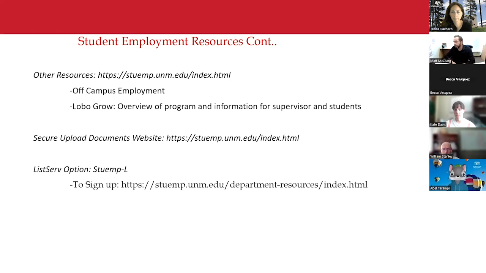If you submit your hiring paperwork, your requisitions, things of that nature, before this priority deadline, we guarantee we'll get it processed before the end of the semester. That would definitely be a big thing. If you're looking to bring on student employees, I would definitely sign up for our listserv.